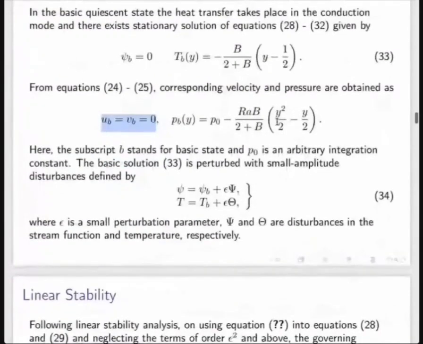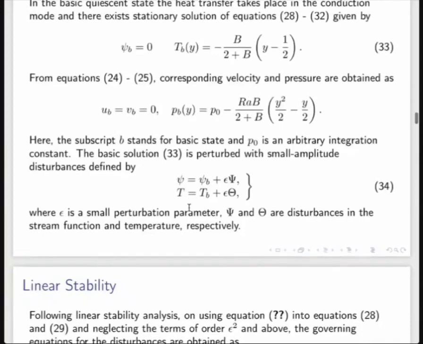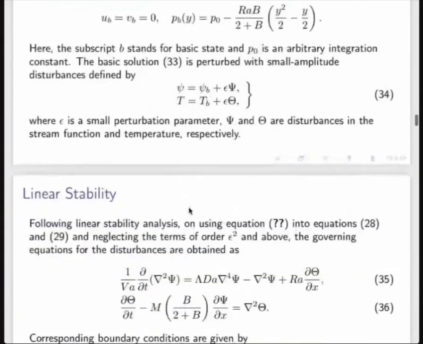And we disturb this system by a small perturbation: the stream function is written as the basic state stream function plus epsilon psi, and T is written as T0 plus epsilon theta, where epsilon is a small number which is known as the perturbation parameter, and psi and theta are the perturbations on the stream function and the temperature respectively.